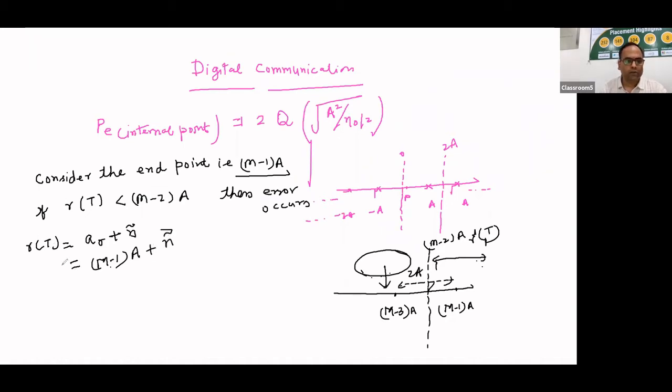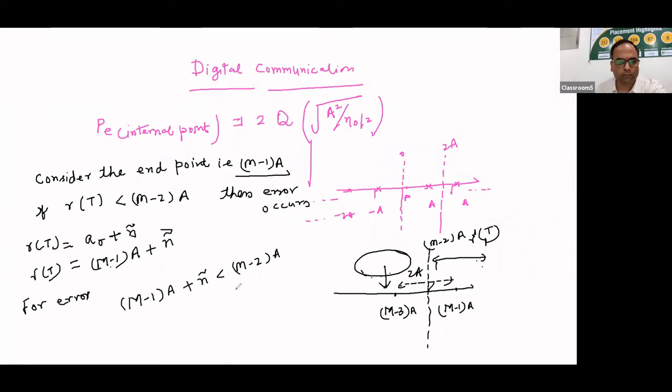So RT is equal to m minus 1 a plus n tilde, and the condition for probability of error is that this RT should be less than or equal to m minus 2a. So for error, what can we write down? M minus 1 a plus n tilde should be less than m minus 2a, right?